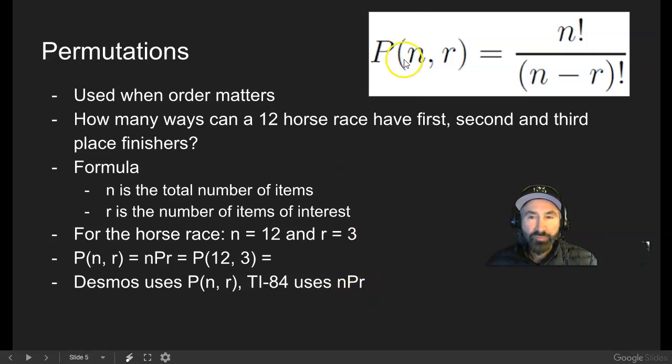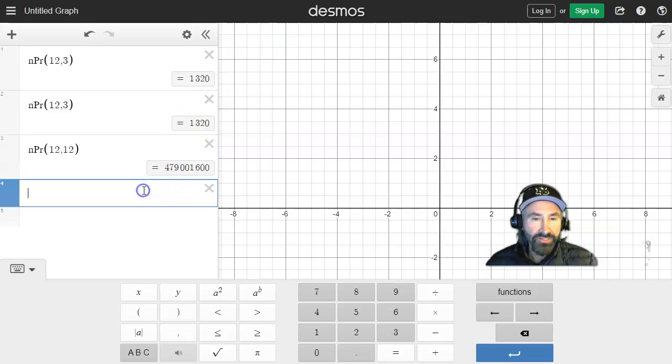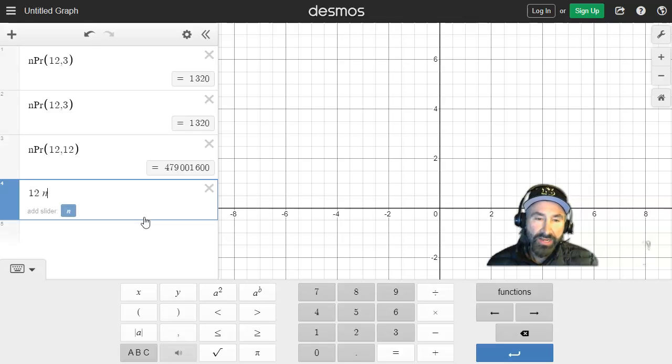In the TI-84, in order to do a permutation or combination, and I think this is also true for the Casios, though I'm not positive, you would do 12, then nPr, then 3, and that would get you the answer.